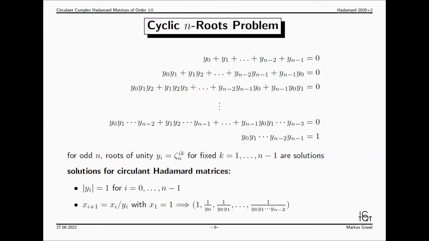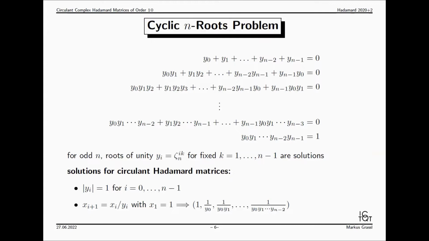It turns out, and that's also why the name comes in, that you can take the standard roots of unity, and for odd n, you just take consecutive powers of them, and they will obey the system of equations.